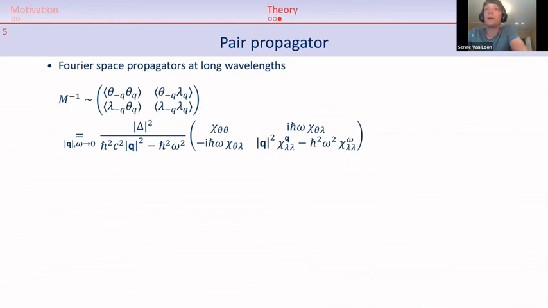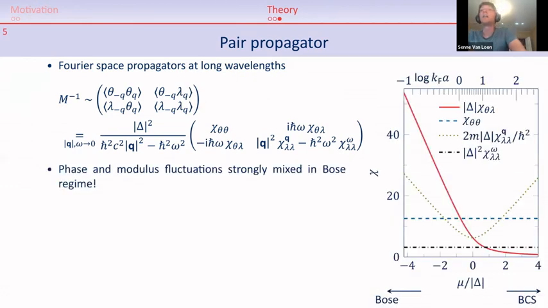And the reason why I'm showing you this is to show that apart from just taking quantum fluctuations into account, you also really need to include both phase and modulus if you want to describe the collective modes.